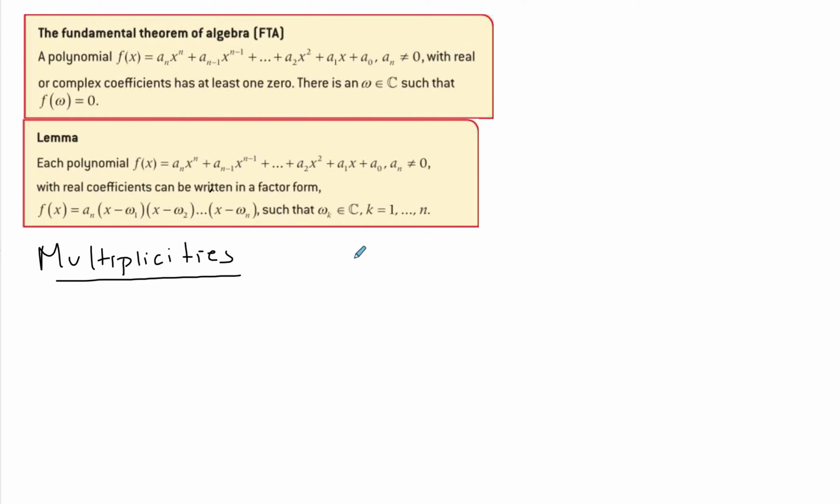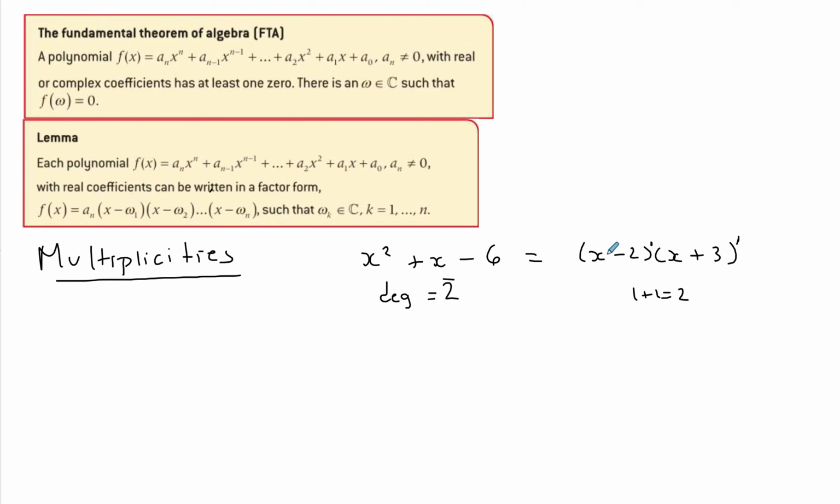So, for example, if I have x squared plus x minus 6, this is going to give me x minus 2, x plus 3. This is an x minus 2 to the power of 1, x plus 3 to the power of 1. If I add the powers, it's going to give me the degree of my polynomial. Remember, the degree of the polynomial is the degree of the highest power you have. The degree of this polynomial is 2, and 1 plus 1 is obviously 2.